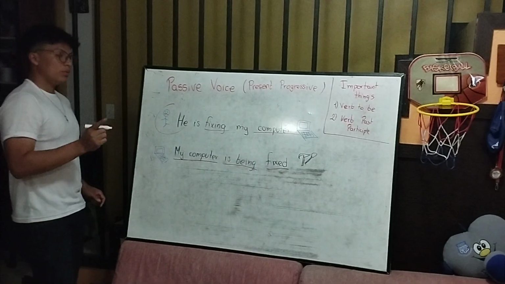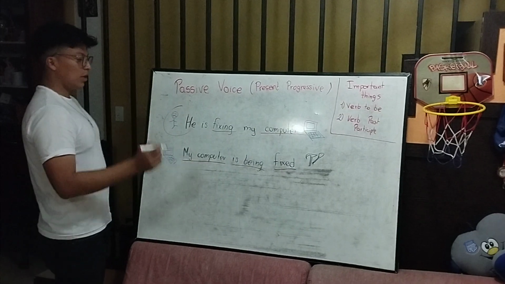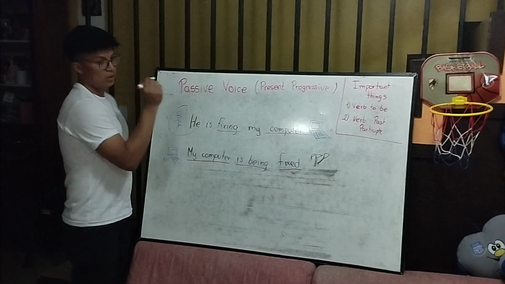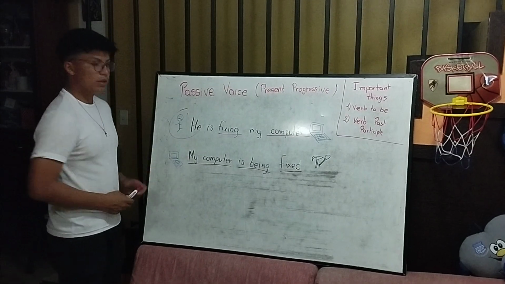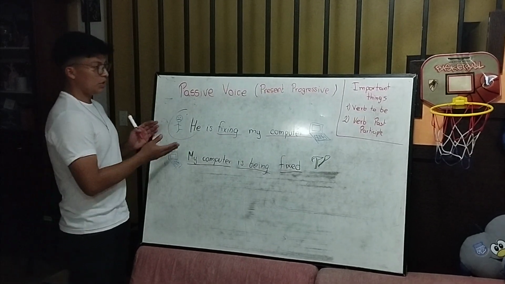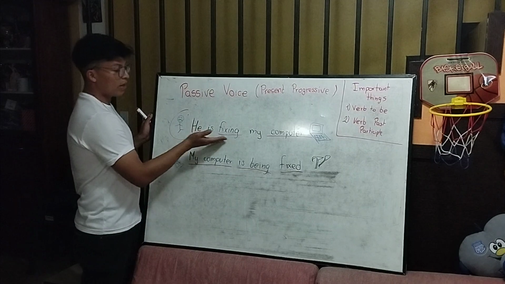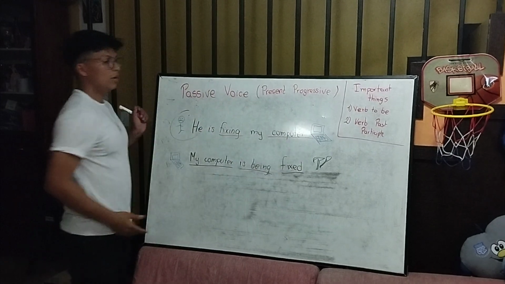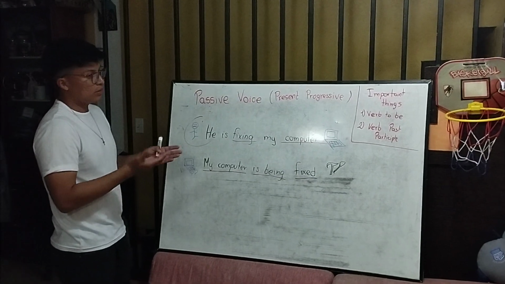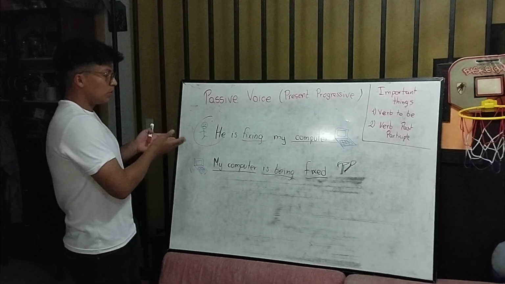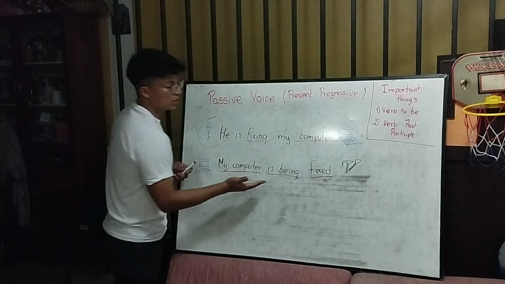It's not necessary to use the subject because the most important thing is the object. In Spanish, él está arreglando mi computadora, and in passive voice, mi computadora está siendo arreglada.